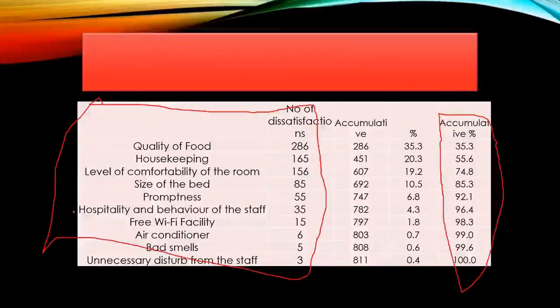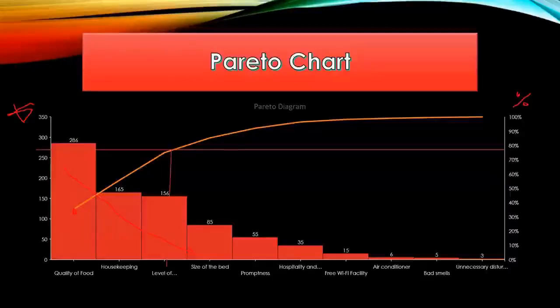Then the second one, 55.6 for the cumulative percentage for the housekeeping and quality of foods, that is 55 something like that here.